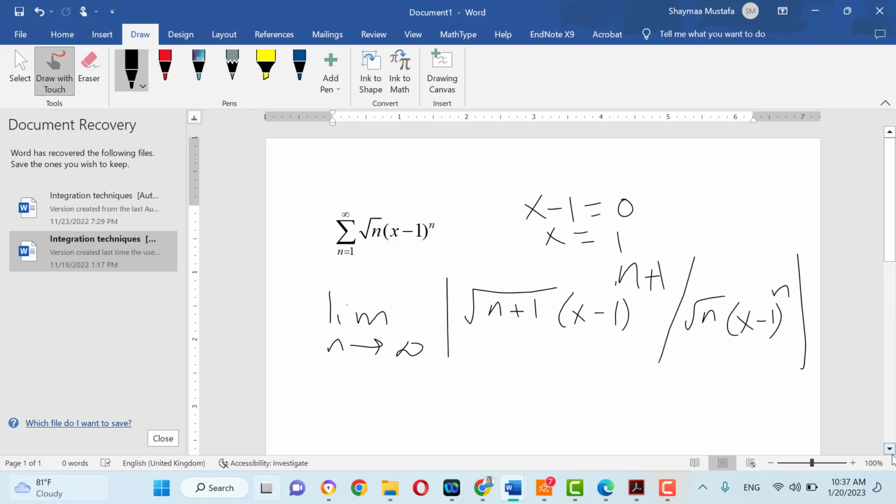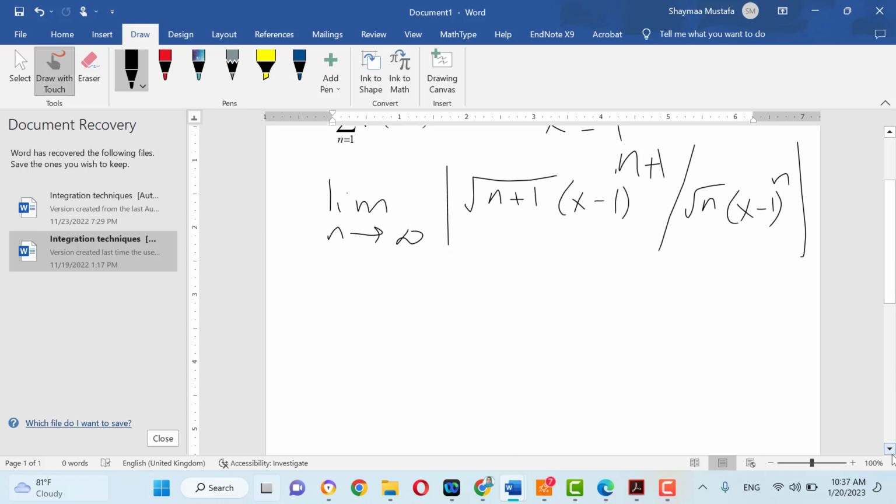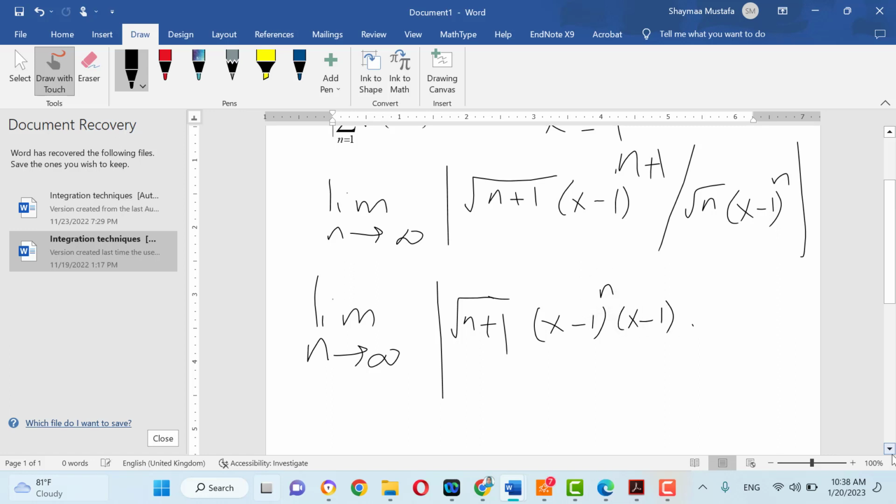So the limit when n goes to infinity: I will change the division to multiplication and flip the second fraction.